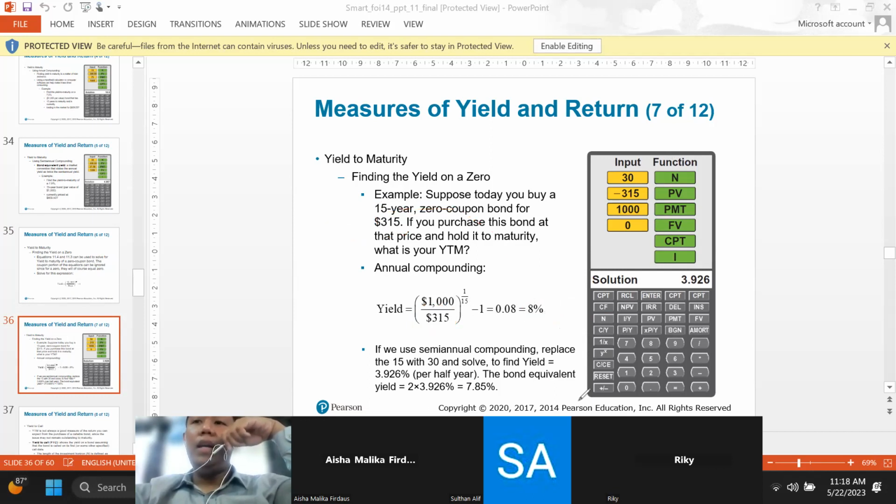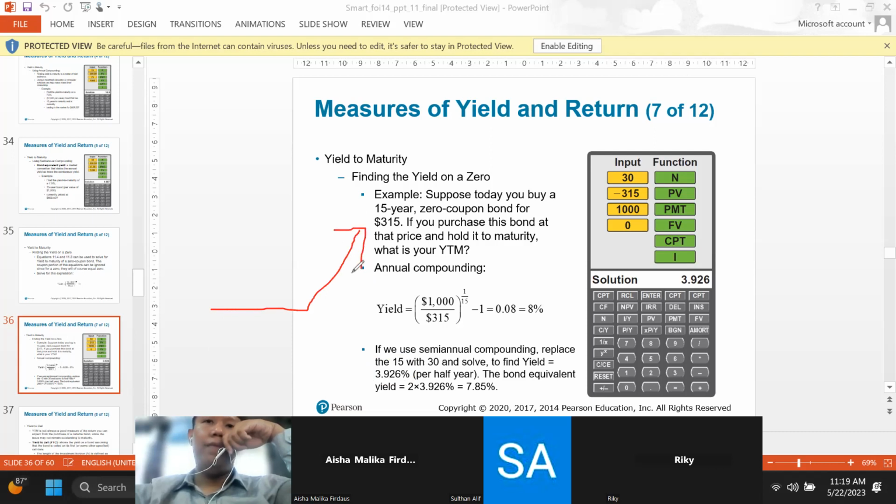Another case is a semi-annual bond. When we have a semi-annual, we will receive at year 15 with 30 periods to find the yield. The yield will be 3.926% per half year, and the bond equivalent yield is 2 multiplied by this yield, which equals 7.85%.